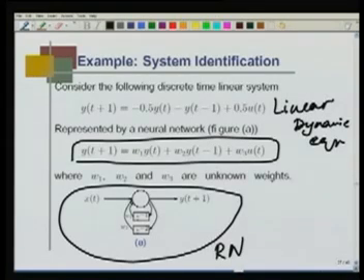To represent that, we give xt, output is y(t+1), and you see there are two feedback connections here, self feedback with one delay, and this is 2 delay.